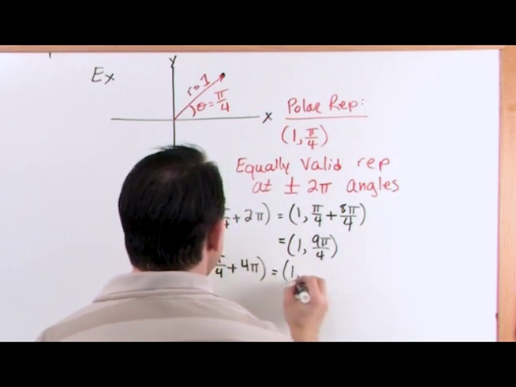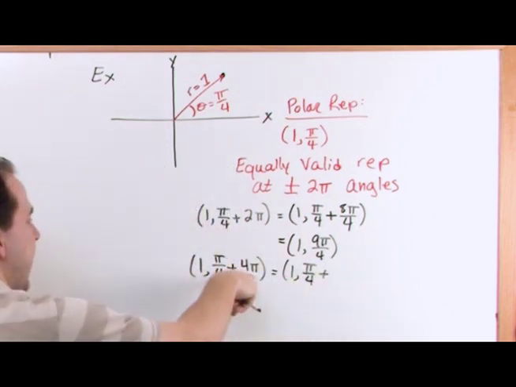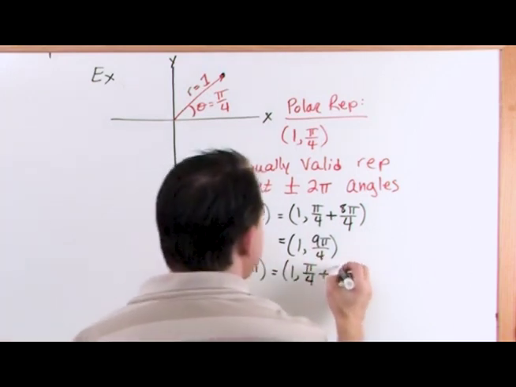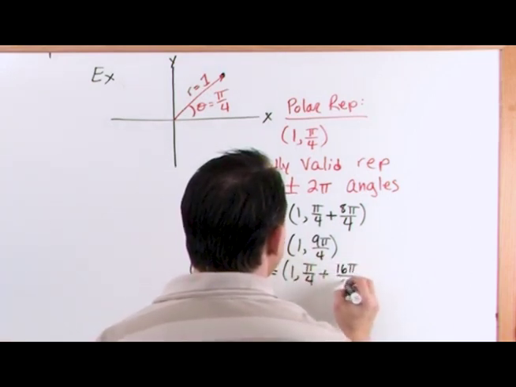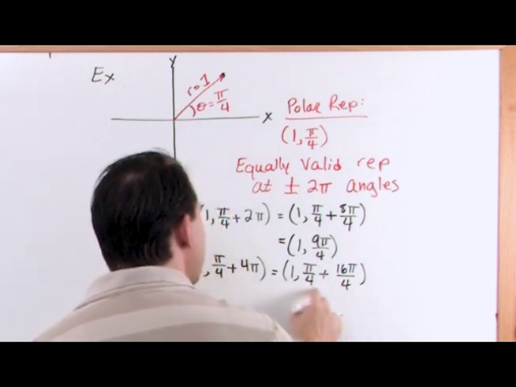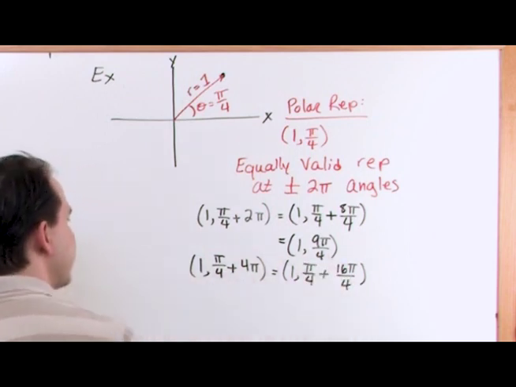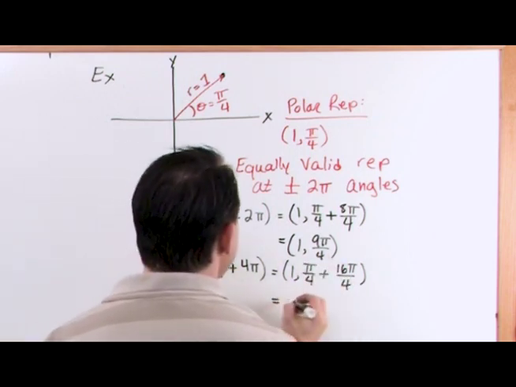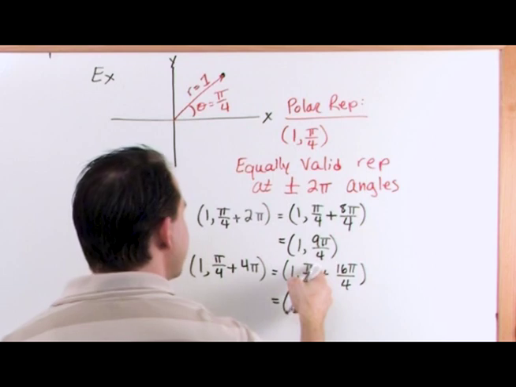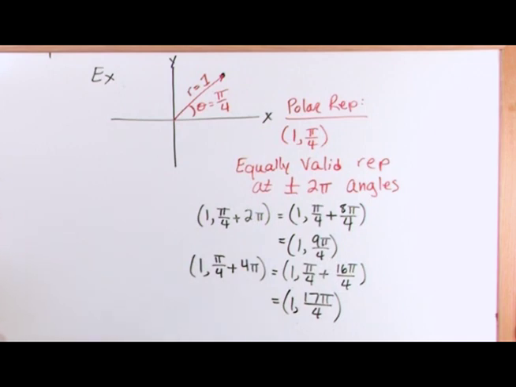It would be 1 comma pi over 4, and I'm going to add 4 pi to it, but that's going to be 16 pi divided by 4. I'm writing 4 pi as 16 pi over 4 because I want a common denominator. 16 pi over 4 is equal to 4 pi. So that would be 1 comma pi plus 16 pi is 17 pi divided by 4.